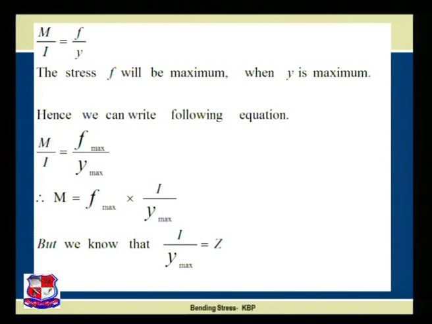So, we can write M over I is equal to f max by y max, then M is equal to f max into I divided by y max, where this I by y max is referred to as Z, the section modulus.